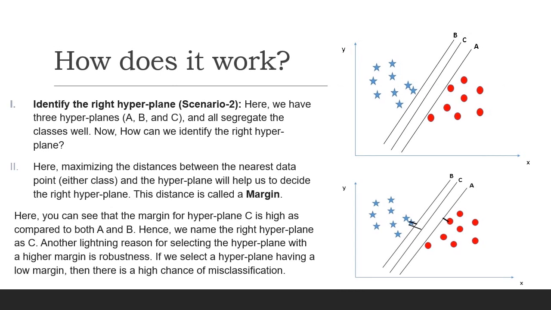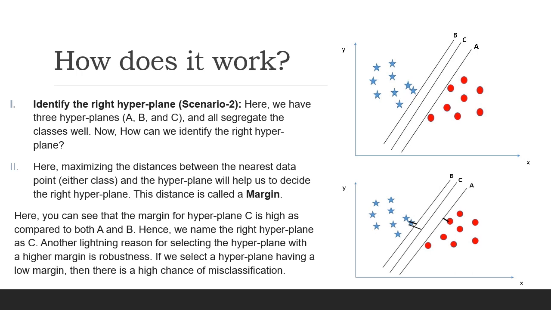Then in identifying the right hyperplane scenario 2, here we have three hyperplanes like A, B and C, all segregating the classes well. Here maximizing the distance between the nearest data point and the hyperplane will help us to decide the right hyperplane.